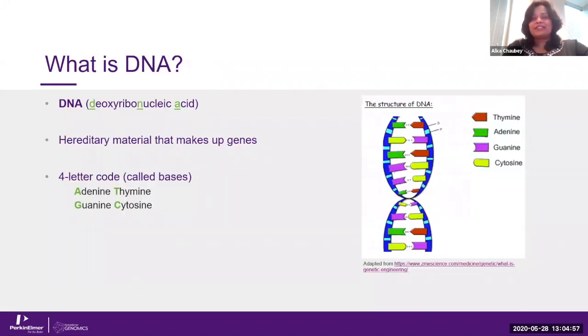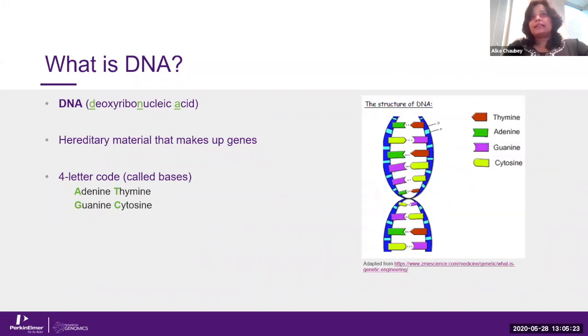As I mentioned, we talked about genetics and then we come to DNA. DNA, which most of you might be familiar with, stands for deoxyribonucleic acid. It is the hereditary material that makes up the genes. It is made up of 4 letter codes called bases: adenine, thymine, guanine, and cytosine.